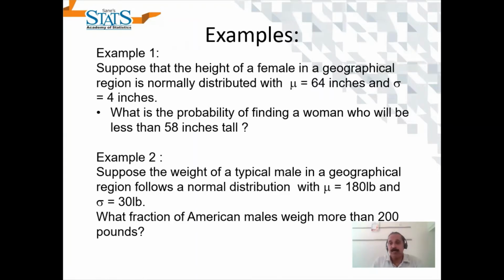Height of female in a geographical area is normally distributed with mean mu equal to 64 and sigma equal to 4 inches. Over here, we are interested in finding probability that a particular person will be less than 58 inches tall. Let us see this example now.